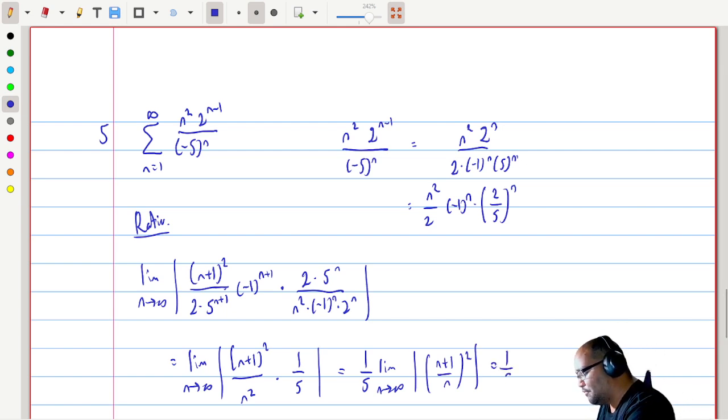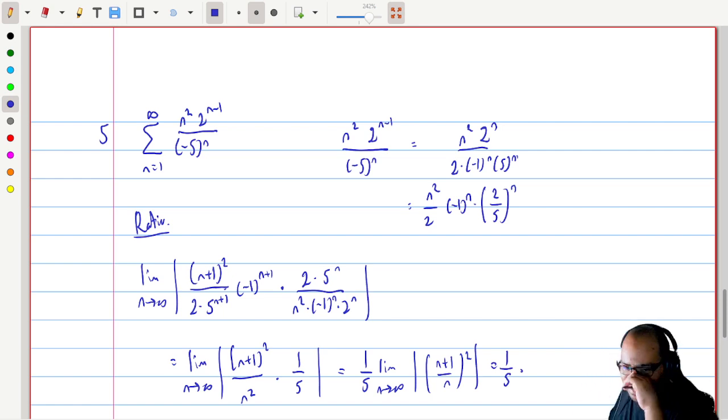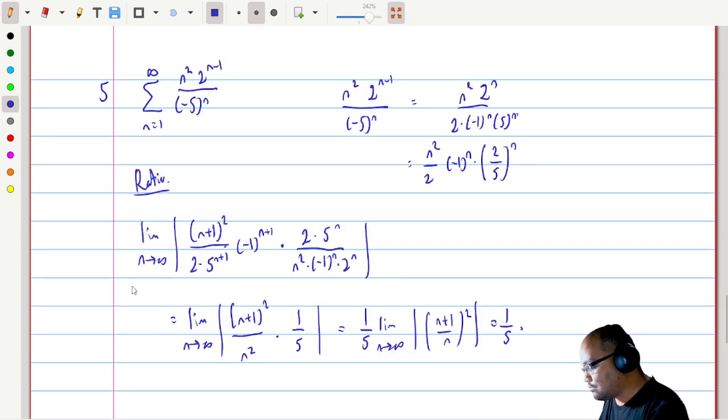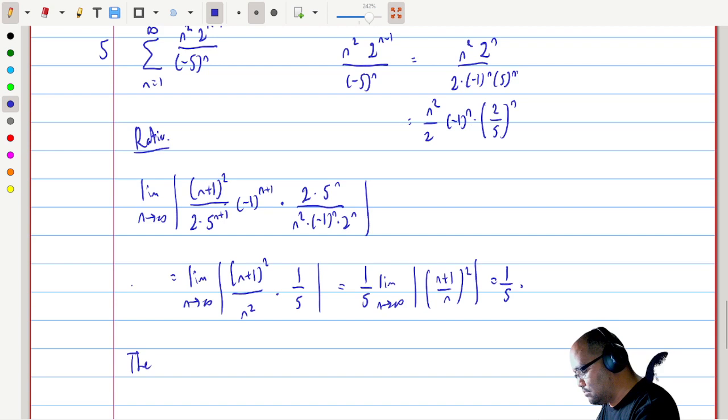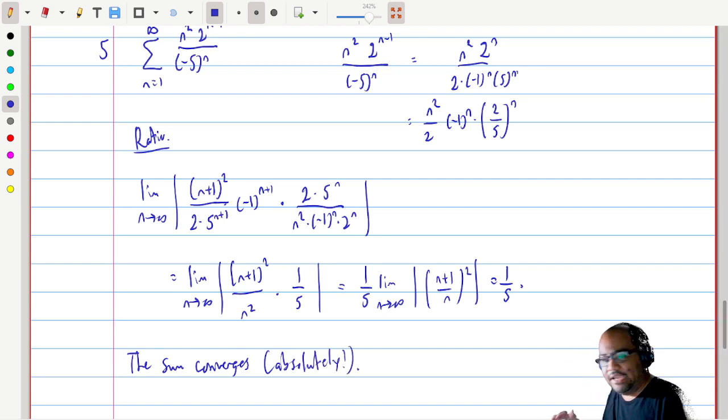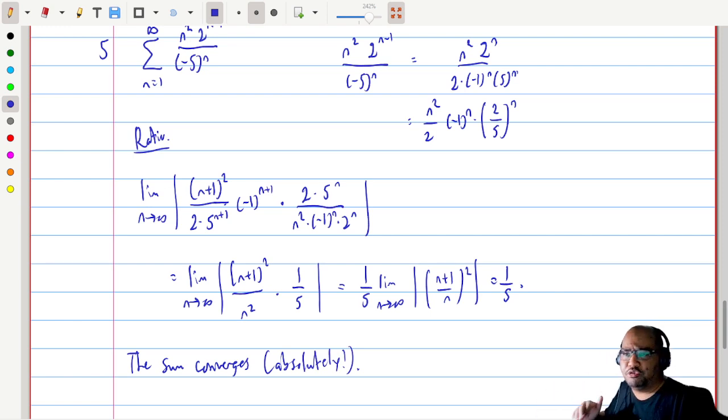So this whole limit is 1/5. And so, by the ratio test, this sum converges. In fact, the sum converges absolutely. We showed absolute convergence, that implies regular convergence. Absolute convergence is stronger, remember that.